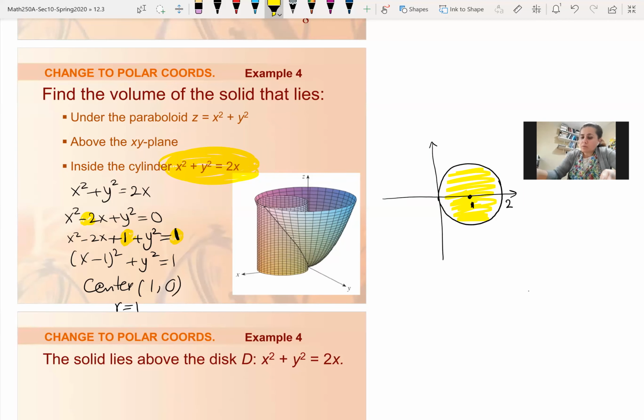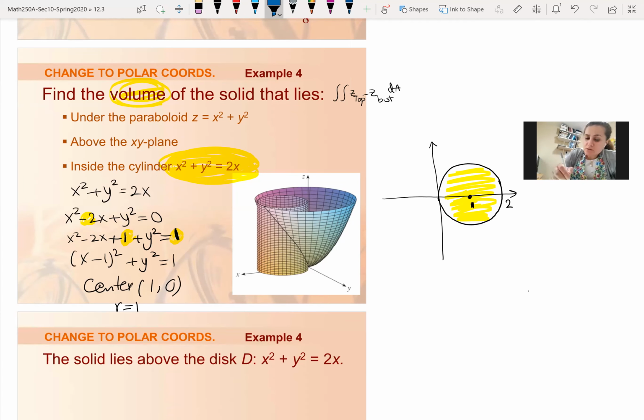Okay, so I'm going to go back to the problem and read it from the beginning, what we are looking for. We are looking for the volume. So volume is supposed to be the double integration of z top minus z bottom dA. And it has to be under the parabola, since the graph is given. So I'm going to show at least here and then make my graph one more time.